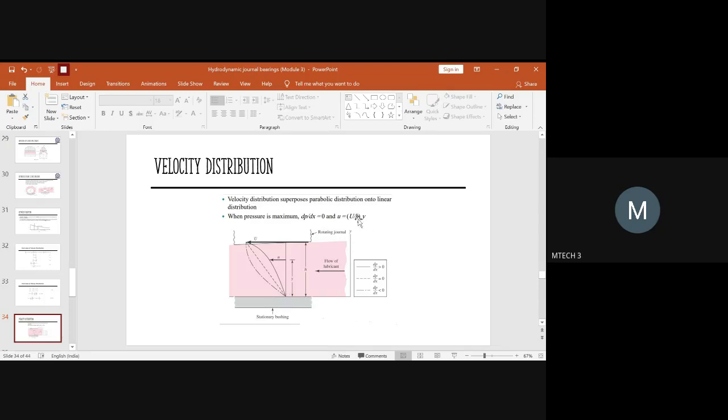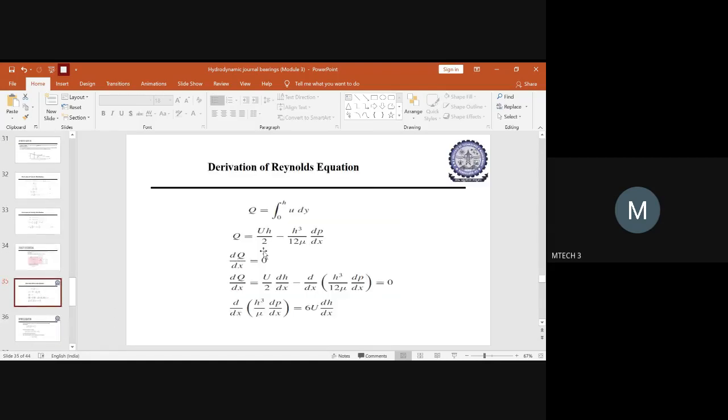So by taking the total velocity gradient across a rotating journal, it is U upon h into y. In this condition, the pressure will be maximum. This is what you have to understand about the distribution of pressure with respect to velocity distribution. Once this is done, we can go for the Reynolds equation.